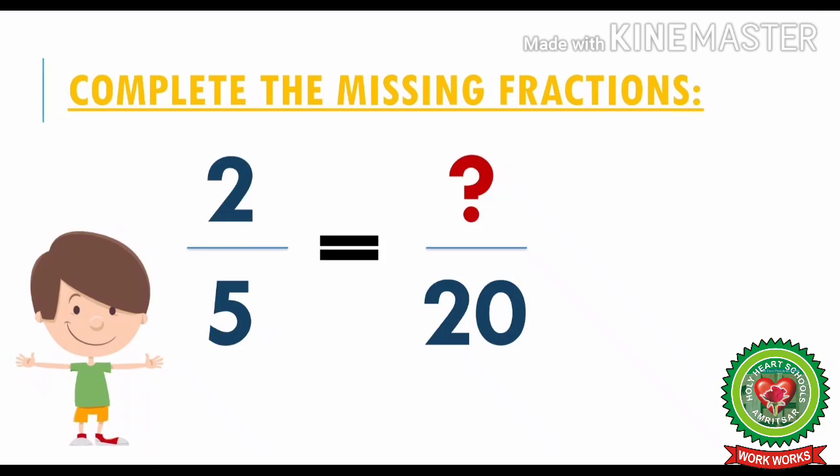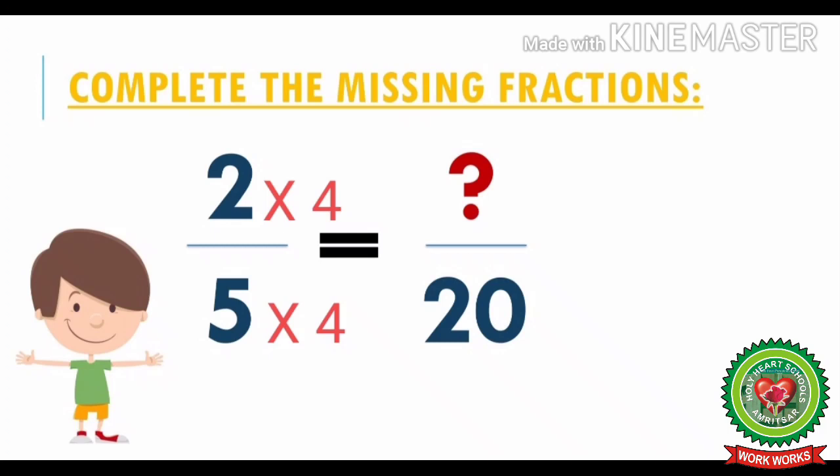Let us take one more example. 2 upon 5 is equal to dash upon 20. So, how much will be multiplied by 5 to get 20? We can multiply 4 by 5 to get 20. That is, 5 fours are 20.